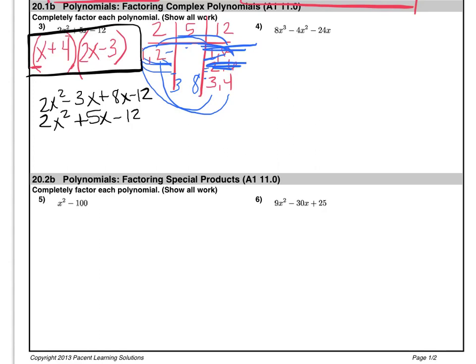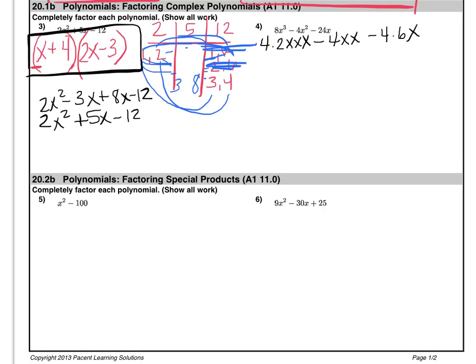And again, I want to factor something out first. So right away I can see that I have a cube on my x. Well, we're dealing with quadratics, which means that we really want to try to get rid of one of the x's. So I'm going to take these numbers to their primes. I'm going to say that 8 is really 4 times 2 times x cubed minus 4 times x squared minus 24, which is 4 times 6, times the x.